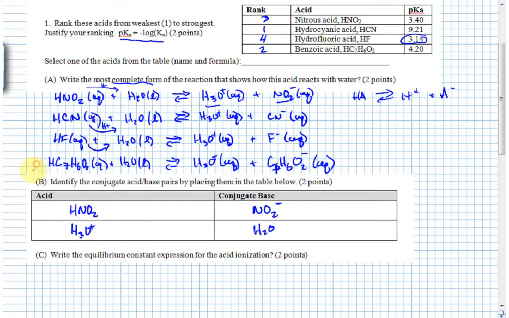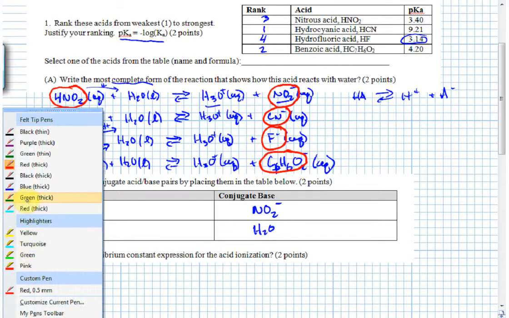So in any acid-base reaction by the Bronsted-Lowry definition, we can always identify two acid-base pairs. And so if we go through these real quickly, again, acid, conjugate base. Acid, conjugate base. Acid, conjugate base. Acid, conjugate base. All right, pick another color, go back.